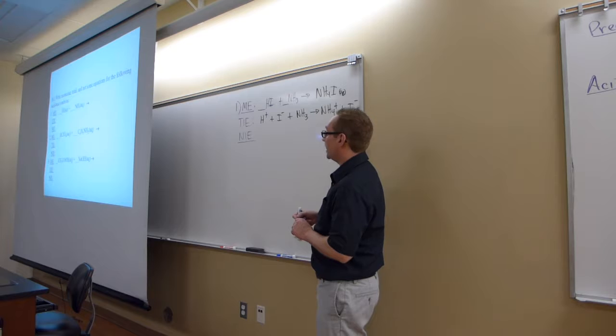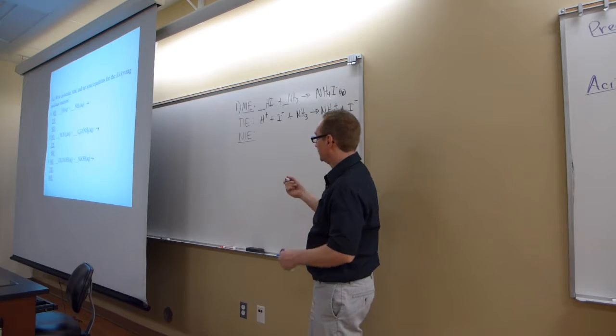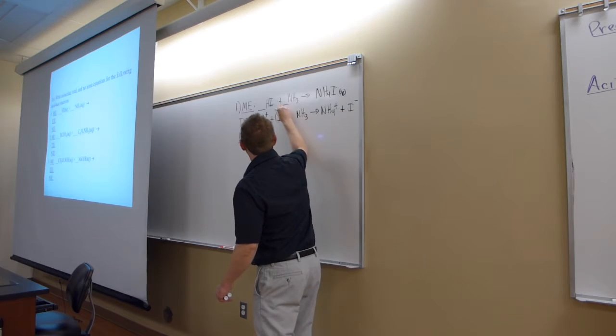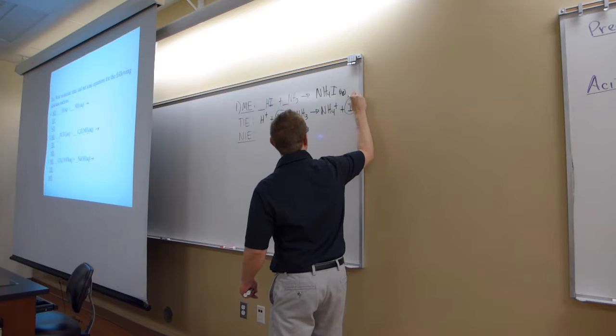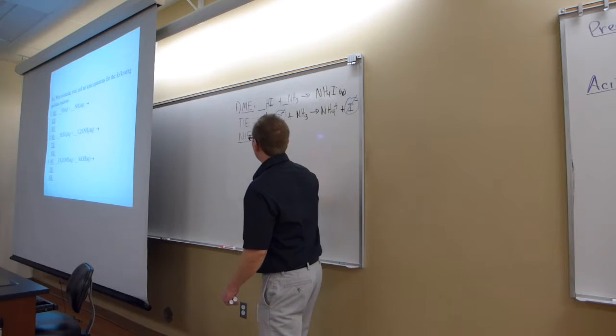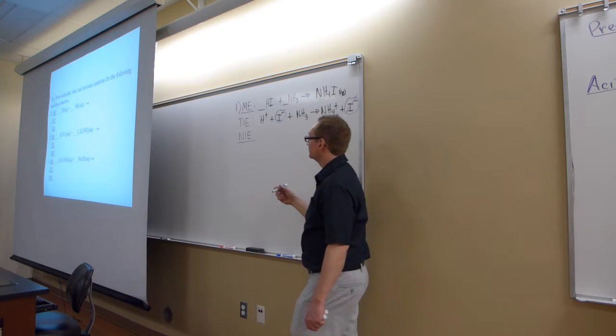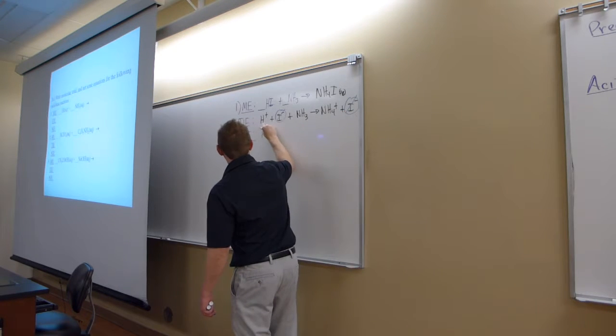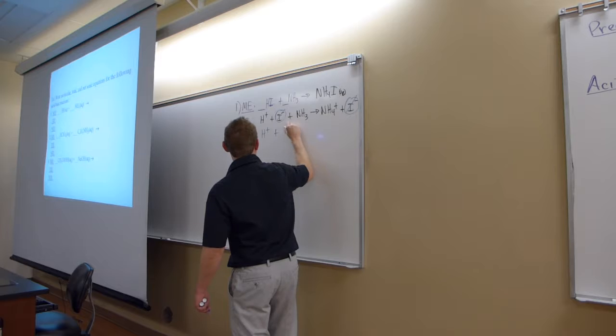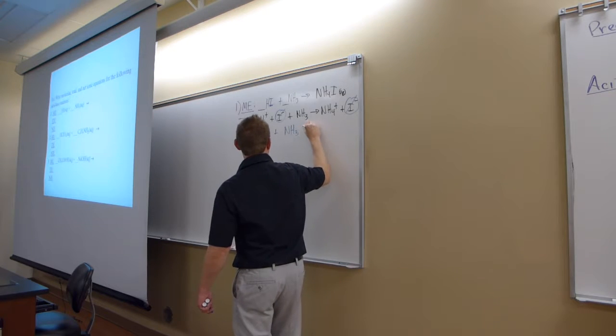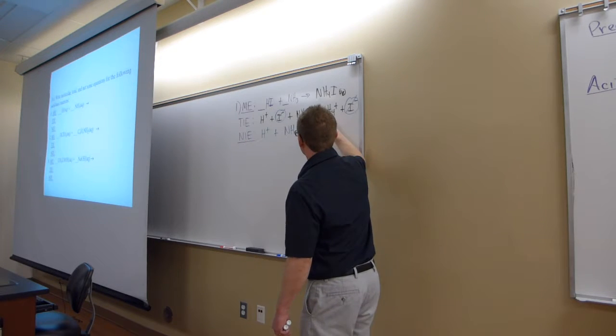You'll see that iodide is the same. So if we cross those out and keep the rest, we'll have our net. So net-wise, we've got H plus reacting with ammonia to give us ammonium.